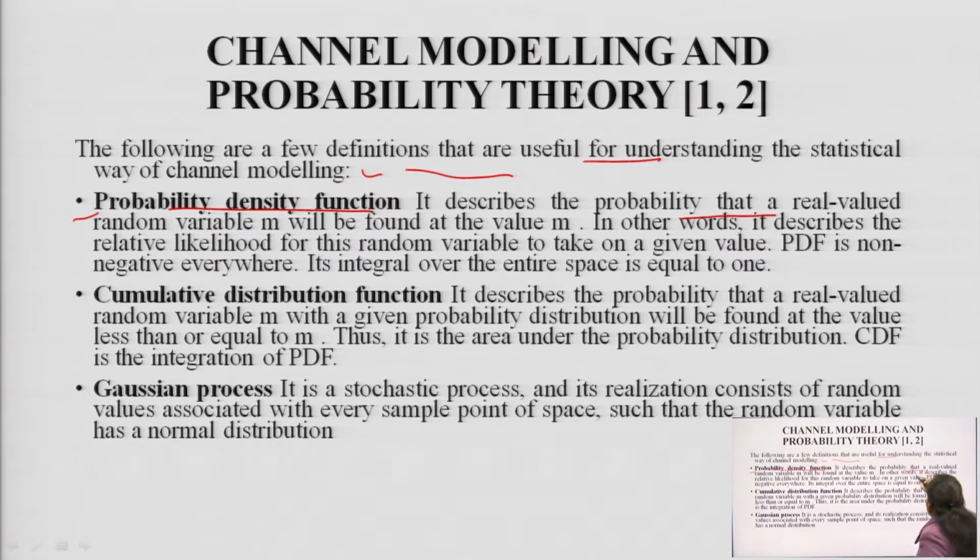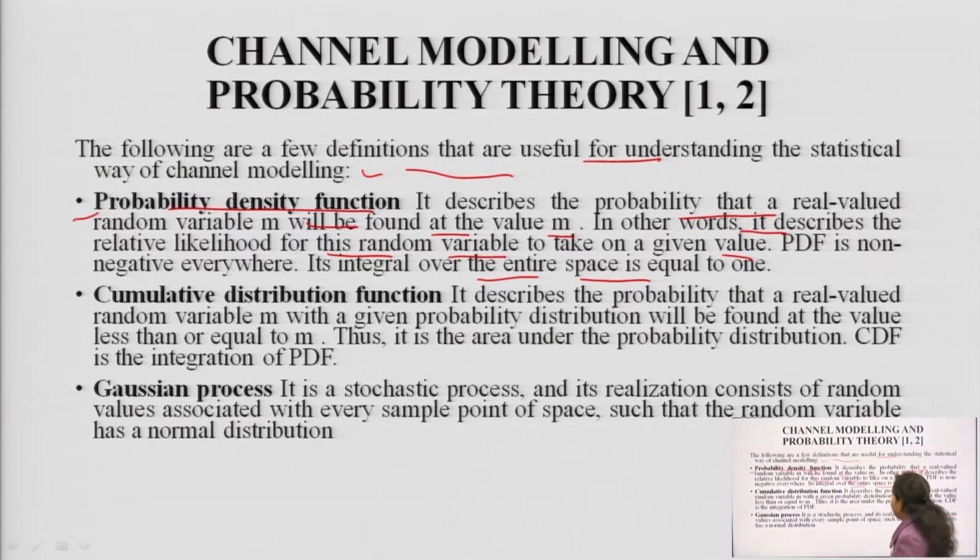It describes the probability that a real valued random variable m will be found at value m. In other words, it describes the relative likelihood for this random variable to take on a given value. Now, PDF is non-negative everywhere, and its integral over the entire space is equal to 1.